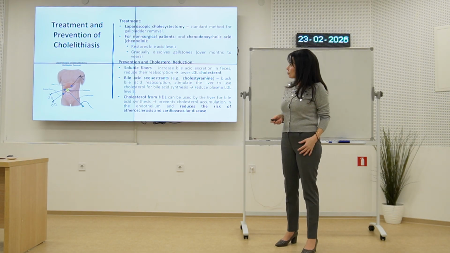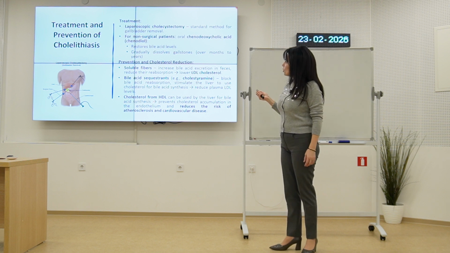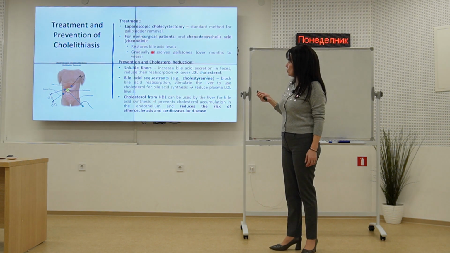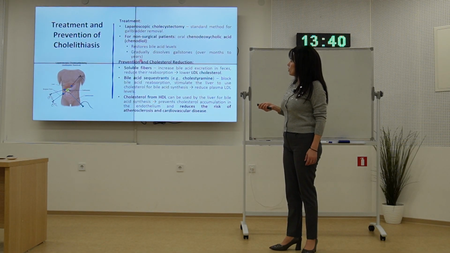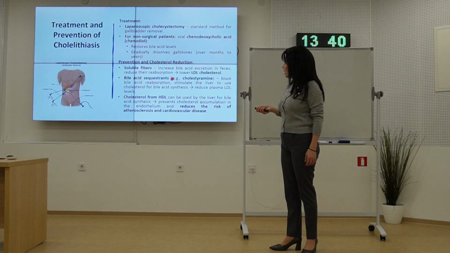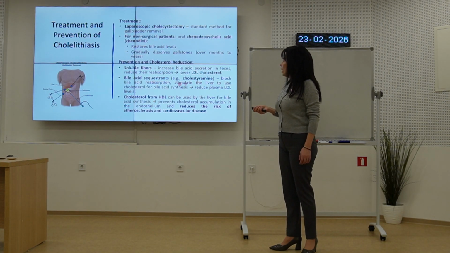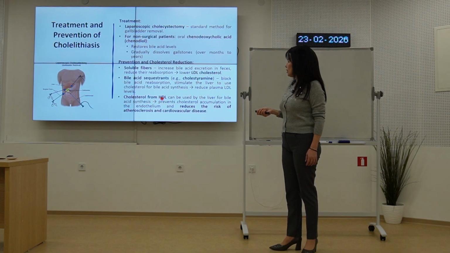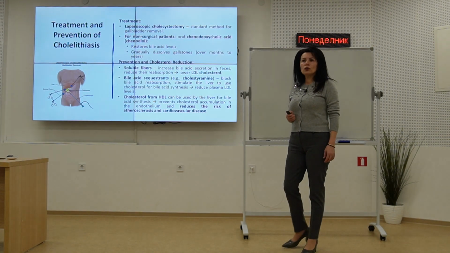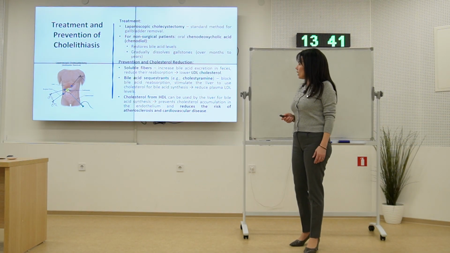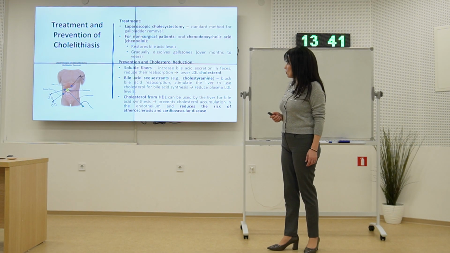And this restores the bile acid level and gradually dissolves gallstones. For prevention and cholesterol reduction, soluble fibers or bile acid sequestrants like cholestyramine can be used, and cholesterol from HDL that can be used by the liver. This is used to prevent atherosclerosis and cardiovascular diseases.